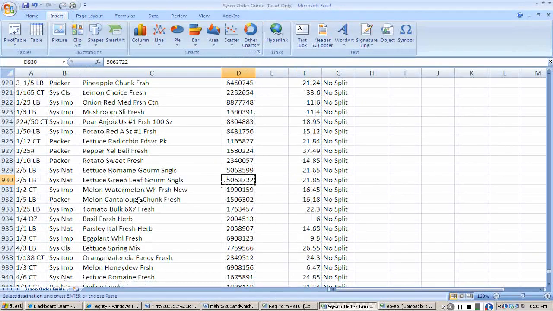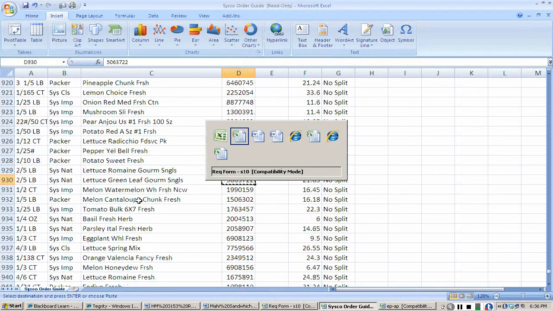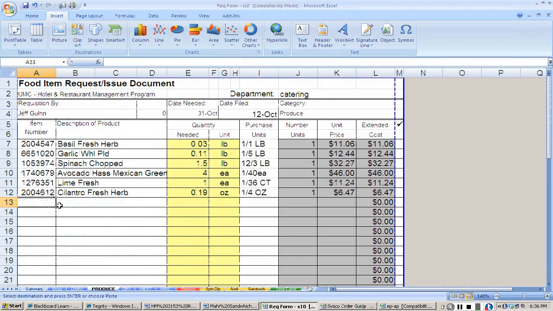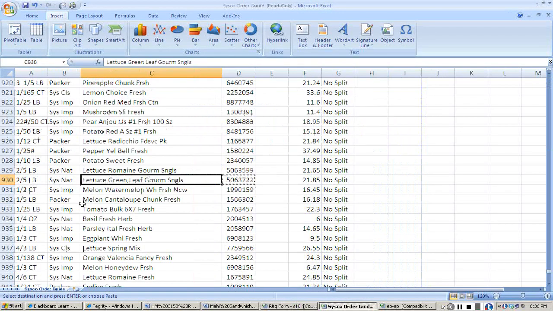And the reason that we're not converting these is because it comes in its EP format. It's basically just single leaves that are ready to go straight on the plate. So we don't have to do any conversion. Lettuce, green leaf, gourmet singles.